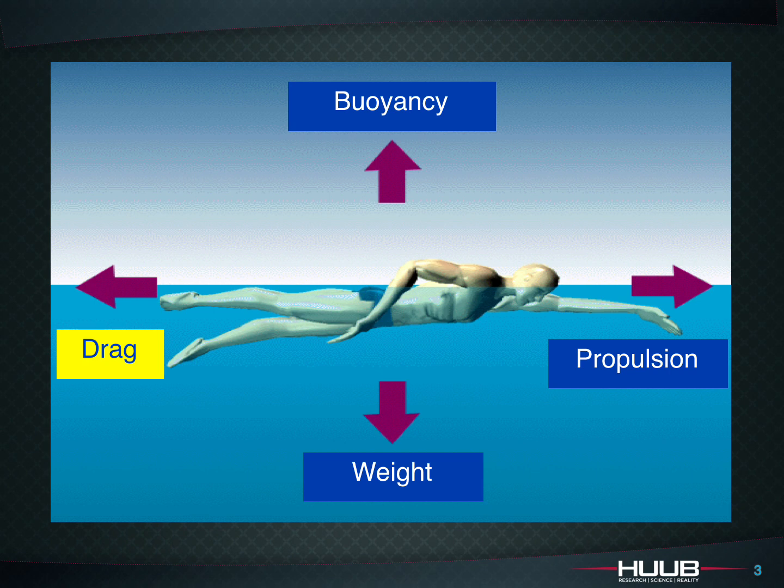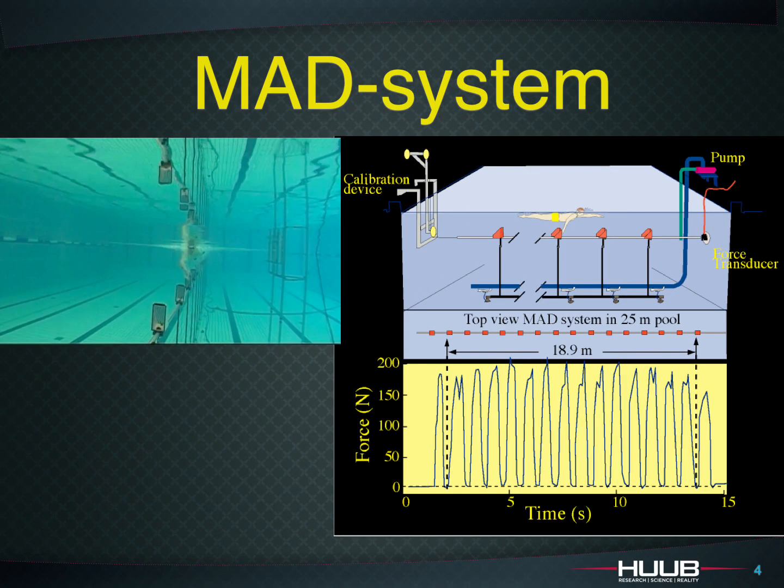Now the question is, how large is this drag, and therefore how large is this propulsion? Is there a way to measure it? Let's go into measuring of drag while swimming. In the next slide, you can see how we made a contraption to do that.